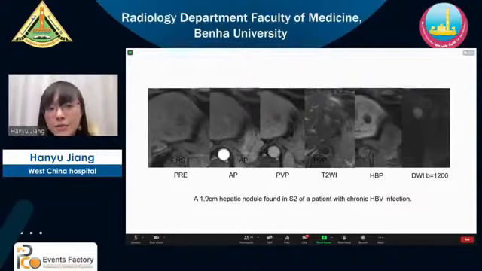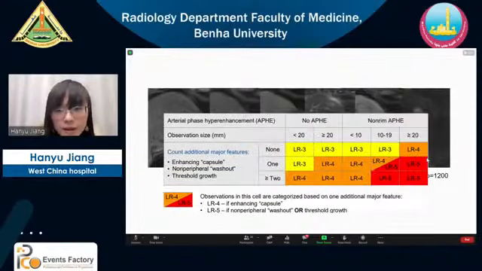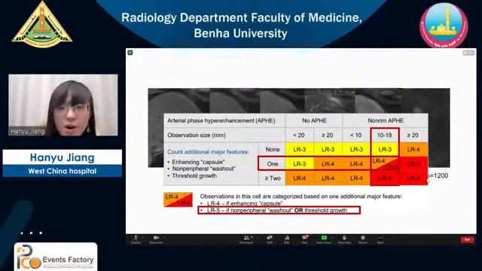It demonstrates non-rim APHE and portovenous phase washout, enhancing capsule, mild to moderate T2 hyperintensity, HBP hypointensity, and diffusion restriction. So let's go back to the diagnostic table. So first, non-rim APHE, 10 to 19 millimeters in size, non-peripheral washout, and LR5.